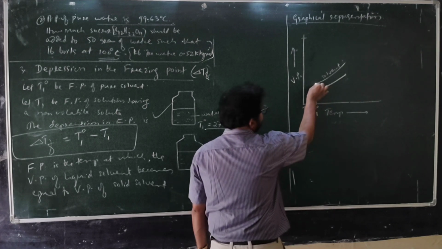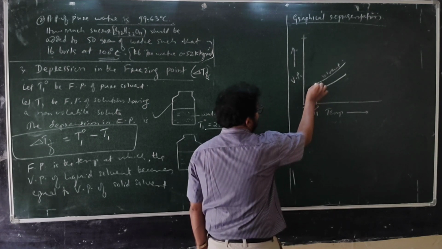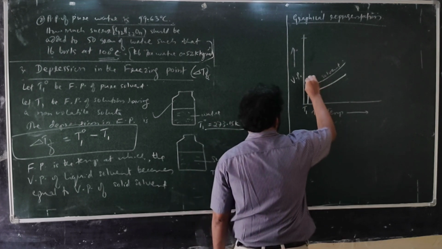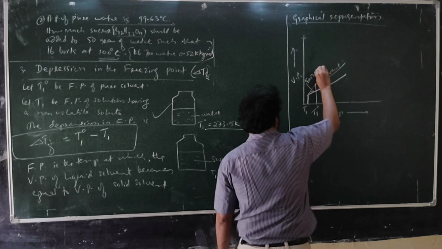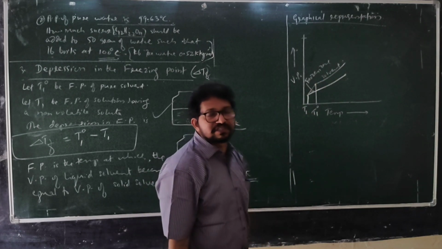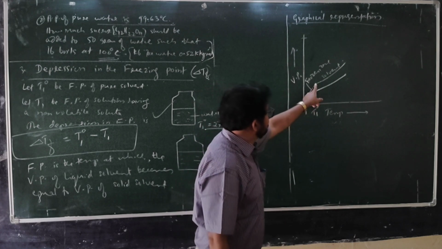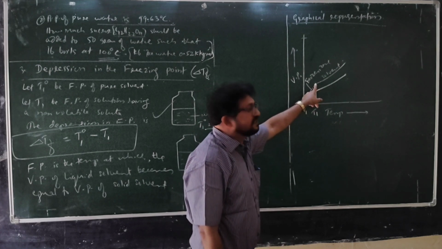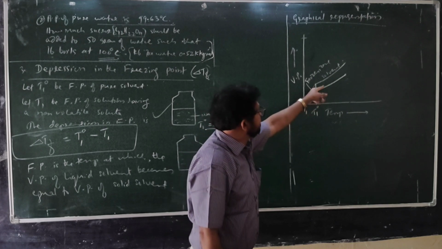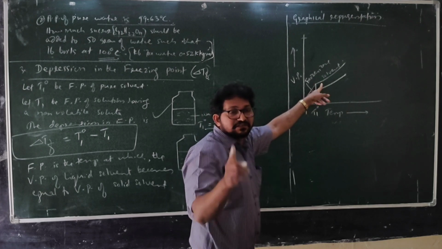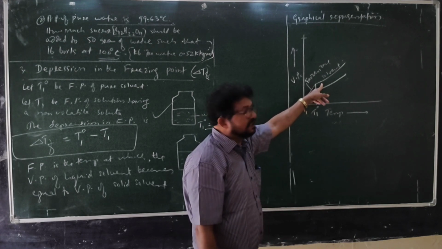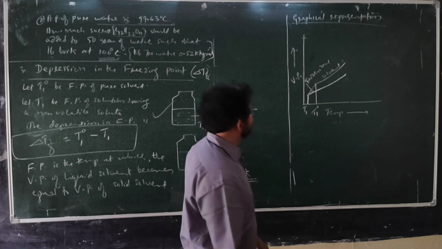And now you can say this zone, if I draw this zone, is a frozen zone. This is frozen zone, and here onwards it is totally frozen, because here only solvent is frozen. Here solution is frozen. In between, depending on the mole fraction of the solvent, the molarity of the solvent, freezing is observed.